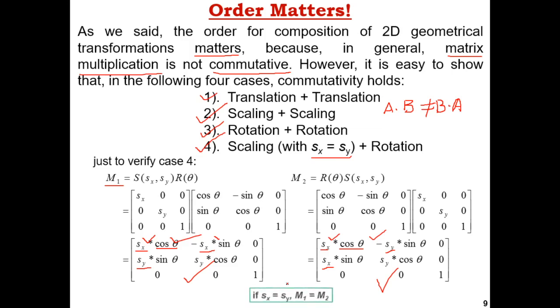So finally, if Sx equals Sy, then M1 equals M2, meaning scaling and rotation are commutative. This is the final result. So you can see that of the six combinations, three are never commutative, and one special case, scaling and rotation, is commutative.